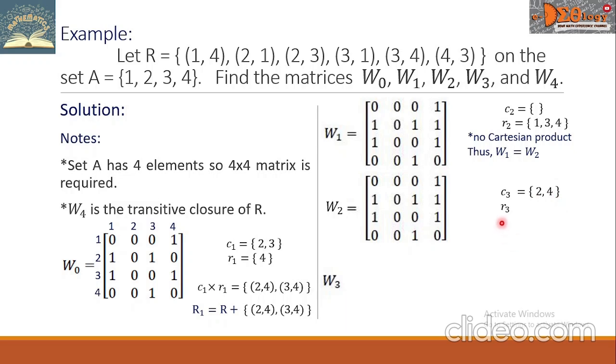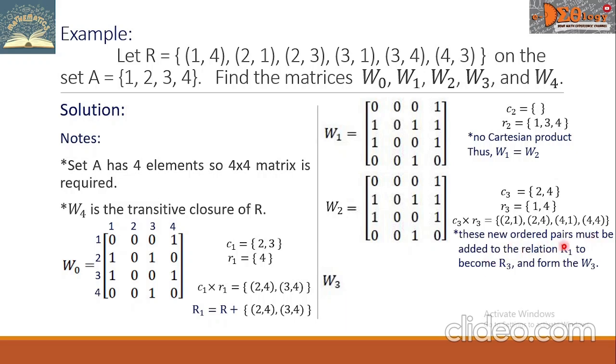Now, let us write the R sub 3, the elements of row 3. This is our row 3 here. There are 2 number 1. The elements corresponding to these in row number 3 are 1 and 4 respectively. Then we will now write the Cartesian product C sub 3 times R sub 3. The elements are 2, 1, 2, 4, 4, 1, and 4, 4.